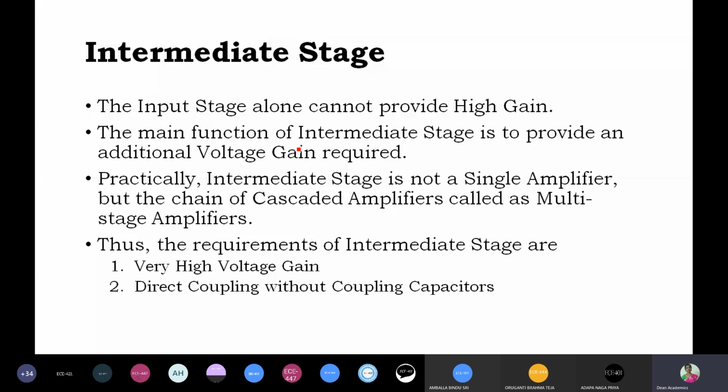Good. Intermediate stage, right? The main requirements for the intermediate stage are two. One is very high voltage gain, and the other is direct coupling without using coupling capacitors.